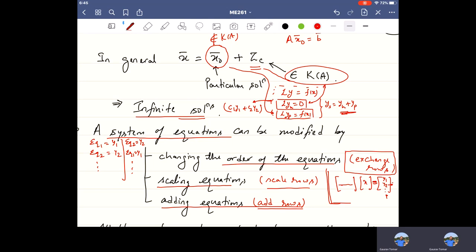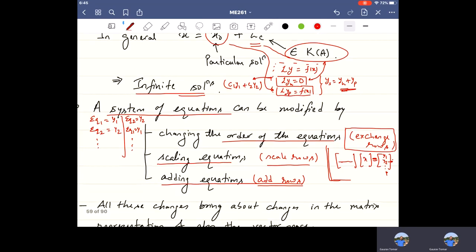I can add equation 1 and 2 and write one of the two equations as equation 1 plus equation 2 is equal to y1 plus y2. One thing to note is that all these changes that I'm doing to the matrix A have to be done to the right hand side also.